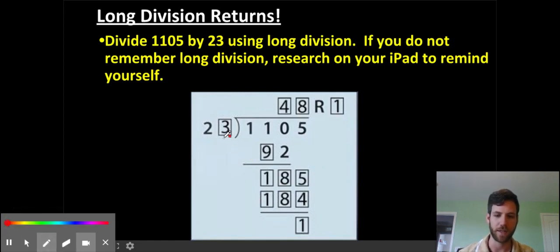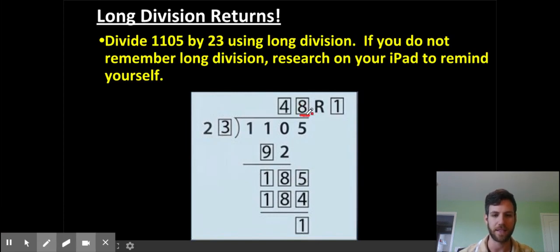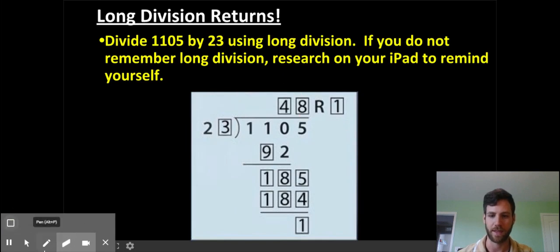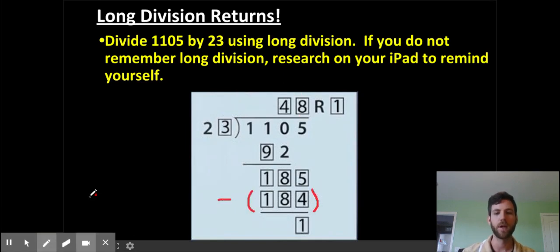So we have to figure out, can 23 go into 185? It can go in 8 times. So I do 8 times 23. That equals 184. And when we subtract that, we get 1.